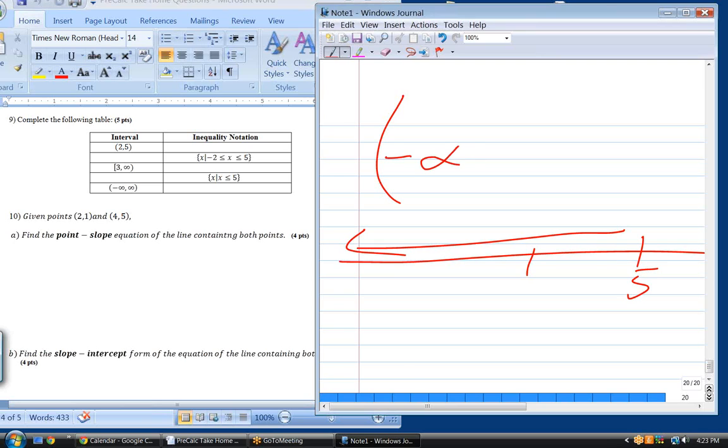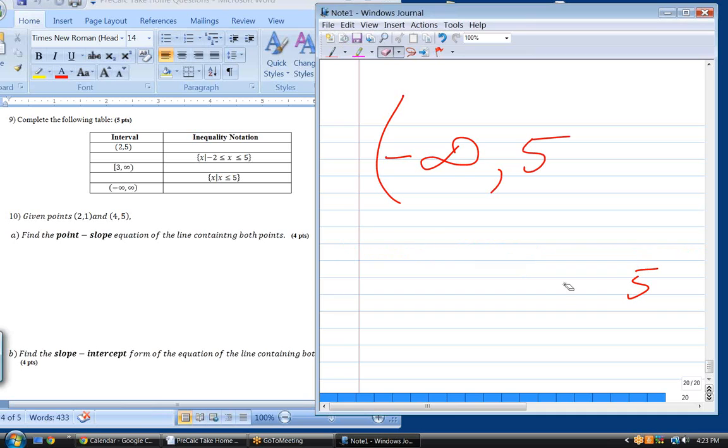That's where you have to start for interval notation. Negative infinity and 5, and bracket or parentheses? Bracket. Exactly. This says the same thing as this: x is anywhere from negative infinity to 5, including 5. Okay? And finally, the last one.